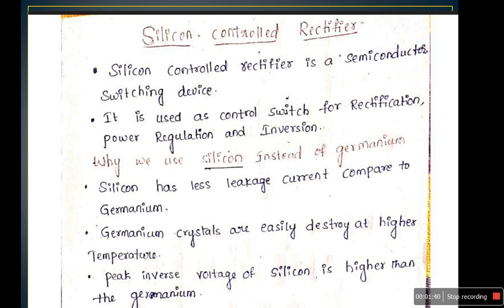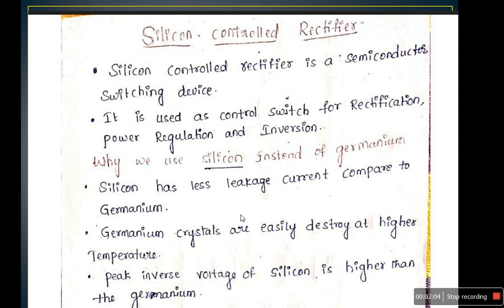So why do we use silicon instead of germanium? Why only silicon control rectifier, why not germanium control rectifier? Silicon has some advantageous features. Silicon has less leakage current compared to germanium, and germanium crystals are easily destroyed at higher temperature.